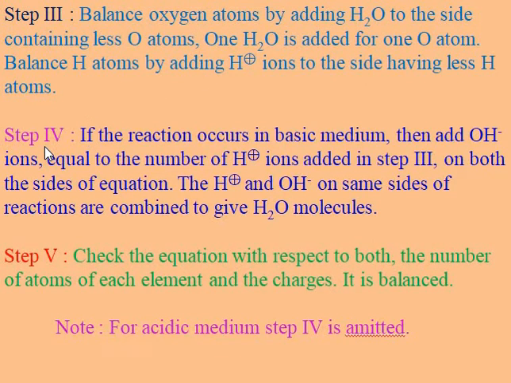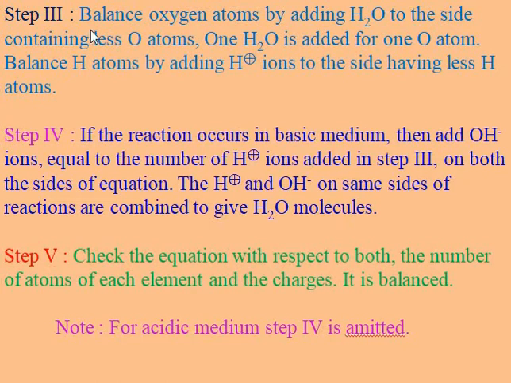The next is step 4. If the reaction occurs in a basic medium, then add OH minus ions equal to the number of H plus ions added in step 3. On both sides of the equation, the H plus and OH minus ions on the same side of the reaction are combined to give water molecules.